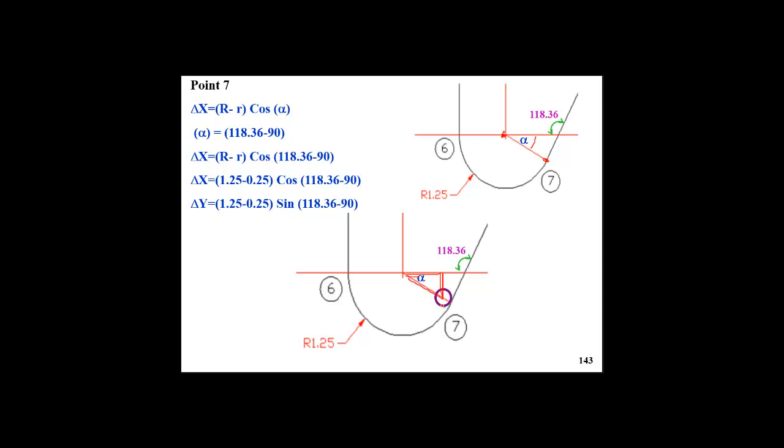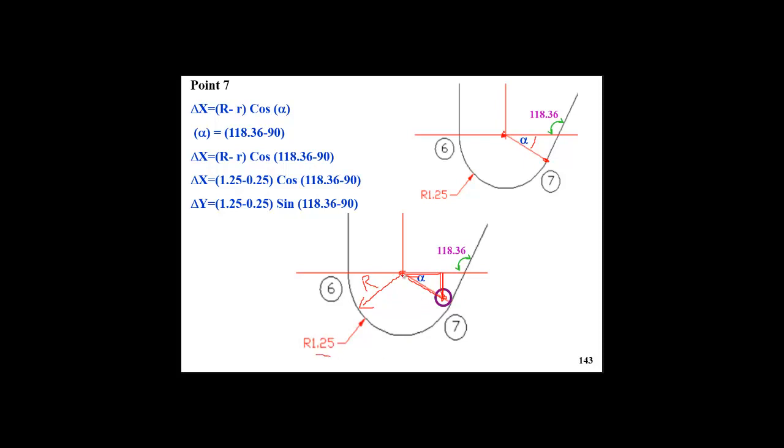Again, very similar to the procedure we followed before. This is our cutter, this is our cutter location, referred to the center of curvature. This is the workpiece curvature, and this is the center of the curvature. This is the curvature radius, which is 1.25.